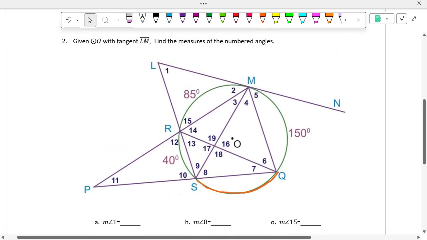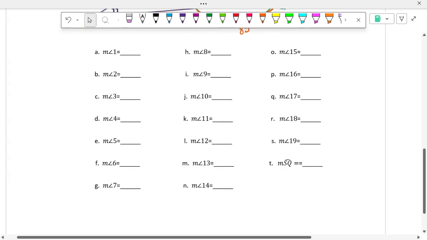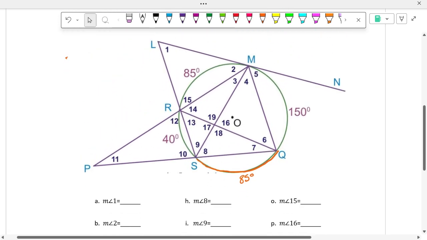I would take all the other three arcs, add them together, and subtract from 360. If you do that, you should have gotten 85. So this arc is 85 degrees. The reason you want to make sure you have all of your arcs is because if you don't, finding these angles is going to be pretty difficult.